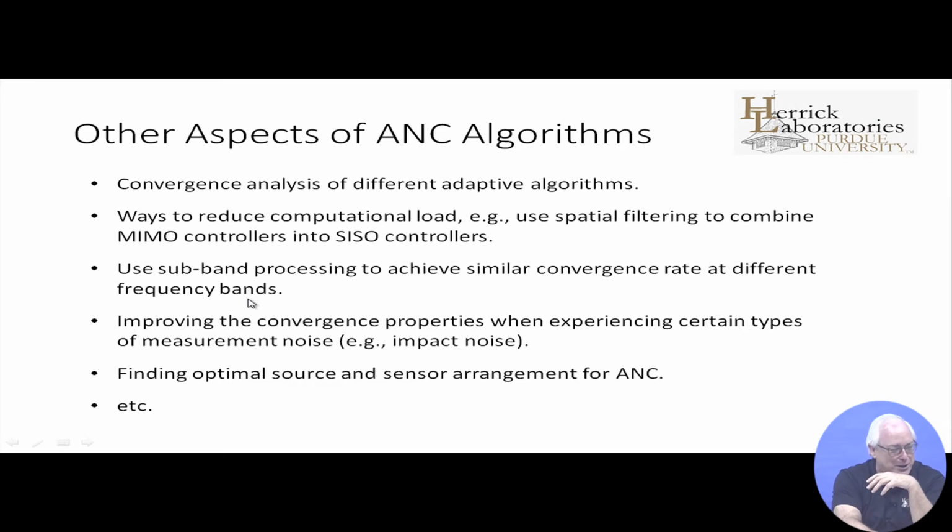Subband communication across the galaxy. But apparently it shows up in active noise control as well, where you're looking at certain frequency bands, downsampling perhaps, shifting them to other frequencies so that you can do processing faster. Improving convergence properties, finding optimal source and sensor arrangements.